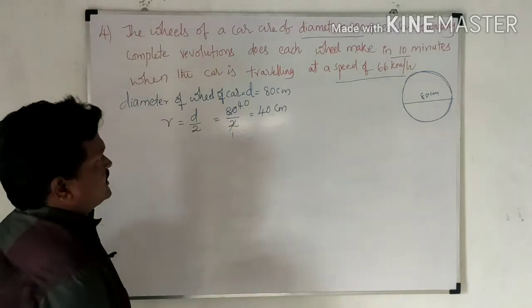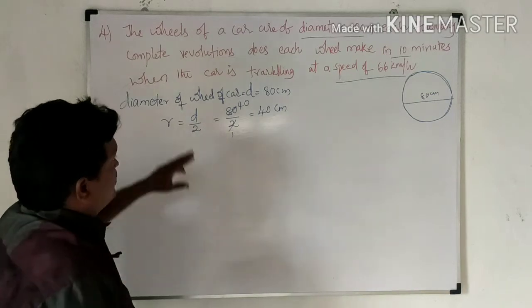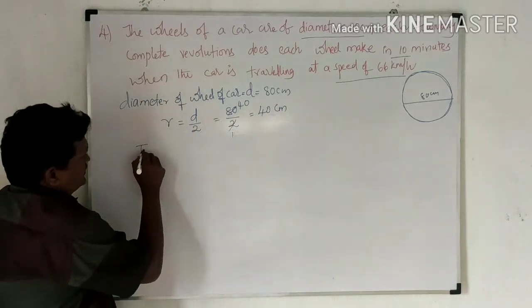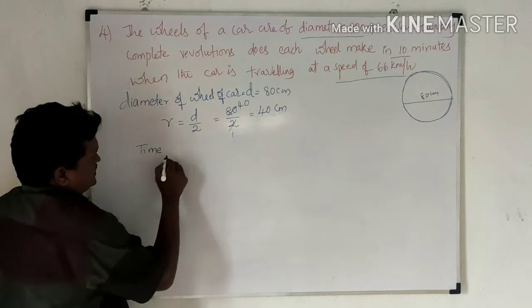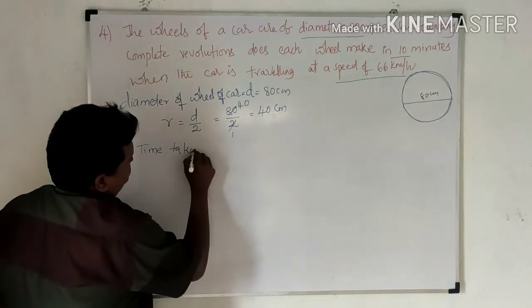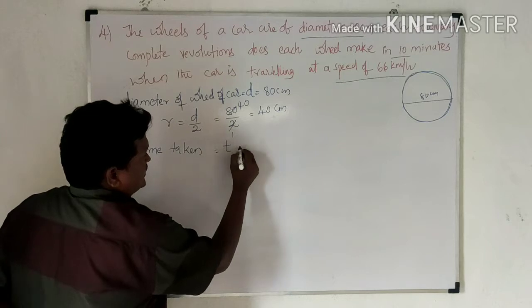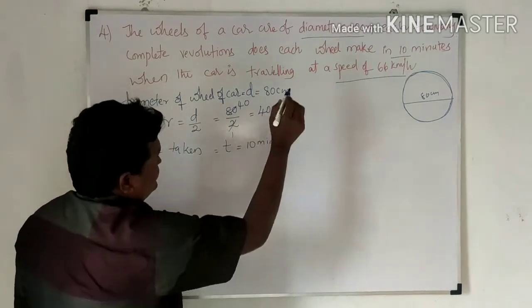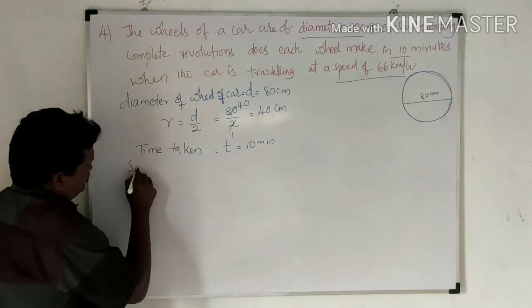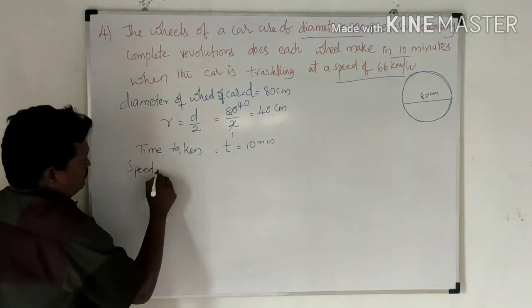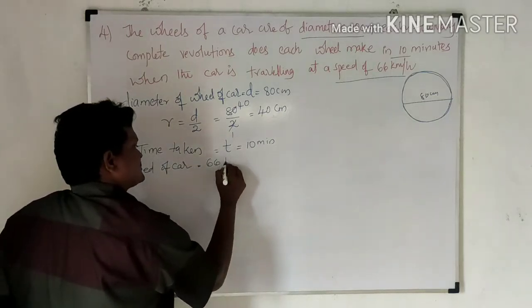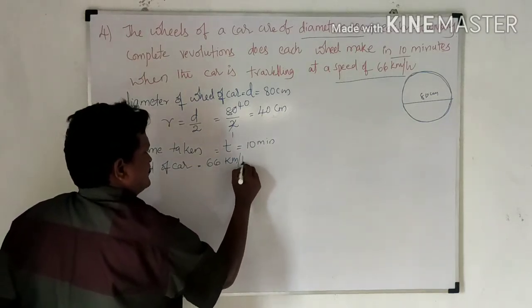Time is also given. Time taken, T, is equal to 10 minutes. Speed of the car is given as 66 kilometers per hour.